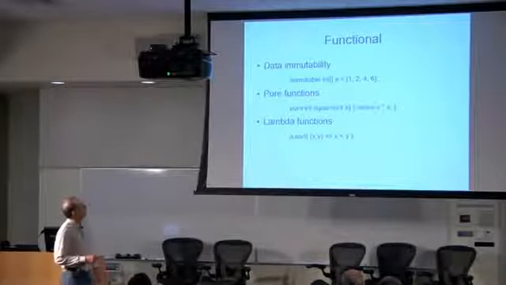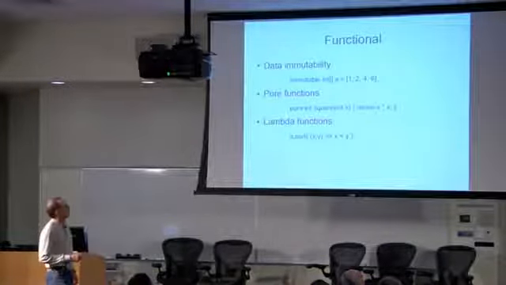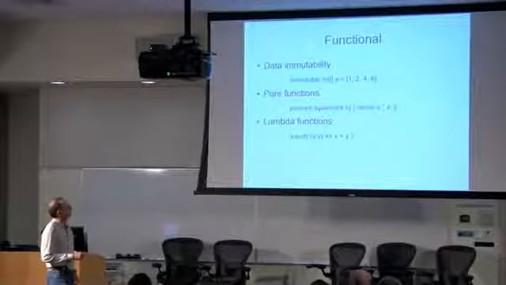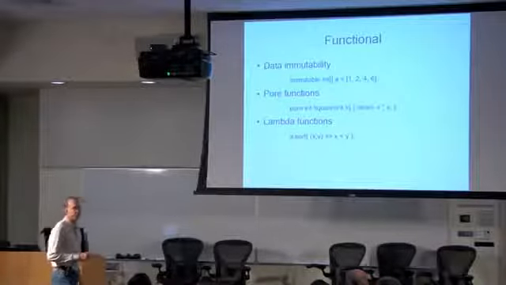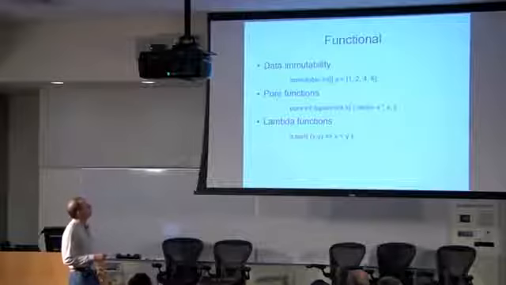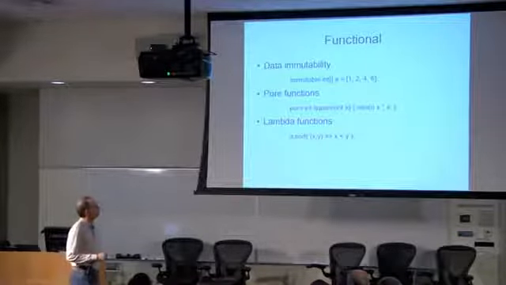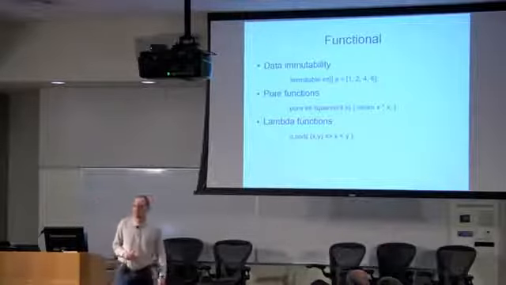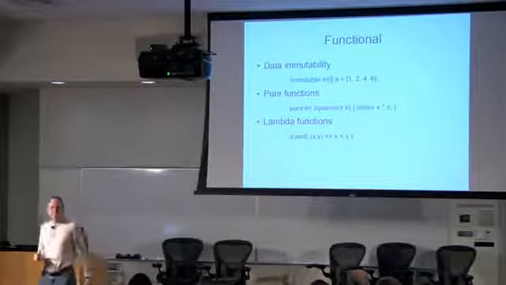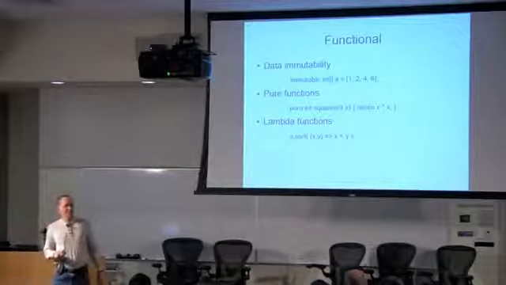Next thing you've got as a functional feature are pure functions. And that's a part of the type. It's a type constructor on the function type, and you just put pure in front of it. And so what does pure actually guarantee in D? Is anybody got an educated guess?